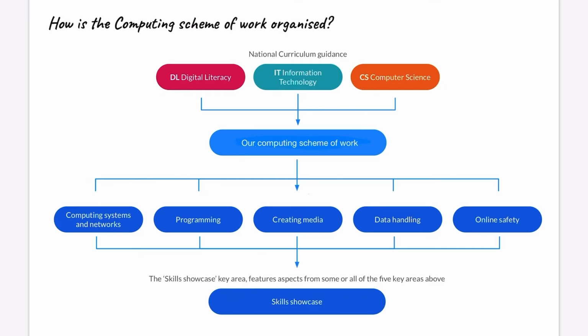In our scheme, the three broad strands have been subdivided into 5 areas: computer systems and networks, programming, creating media, data handling, and online safety. And then we have a skills showcase where the students are expected to showcase the skills that they've gained from all of the 5 areas.